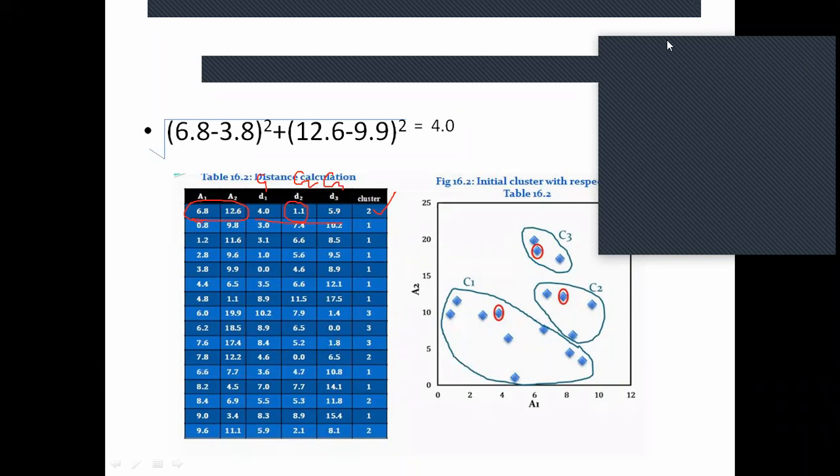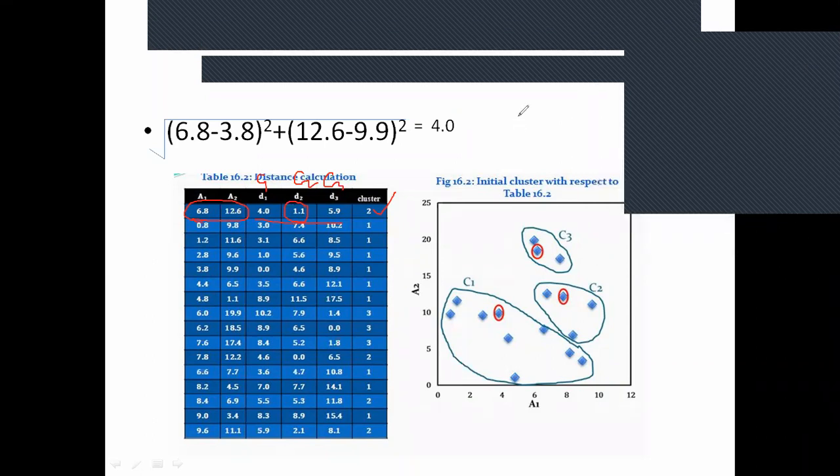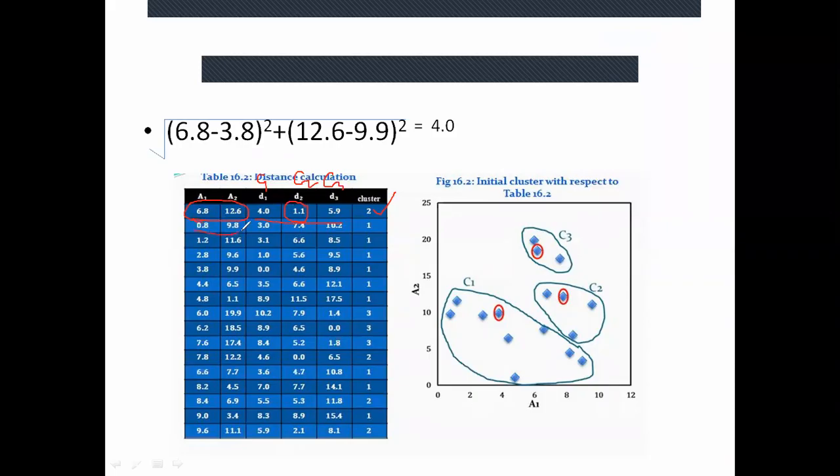Okay, fine. So similarly, you need to find which cluster this data point belongs to. You will find D1, D2, and D3, and you will see that this one is minimum. That means this is closer to C1 as compared to C2 and C3. So you can write that this data point belongs to cluster 1. Similarly, this data point belongs to cluster 1. For each data point you need to find it like this.